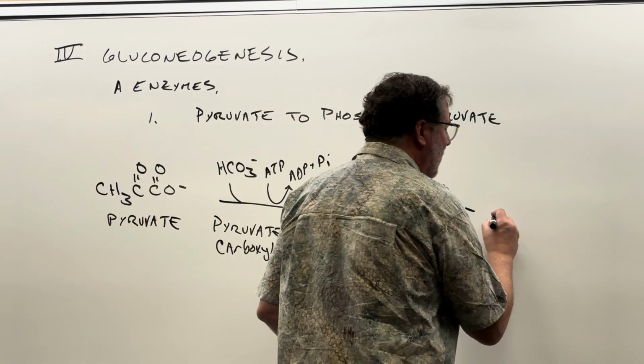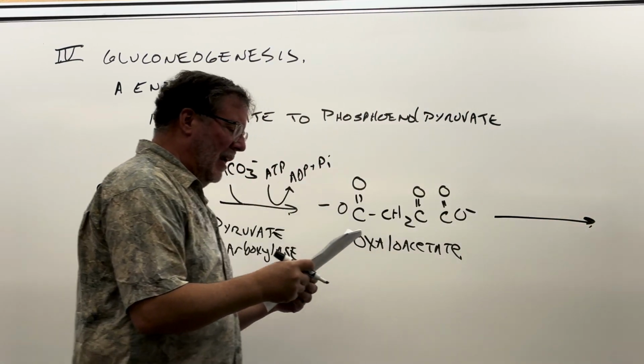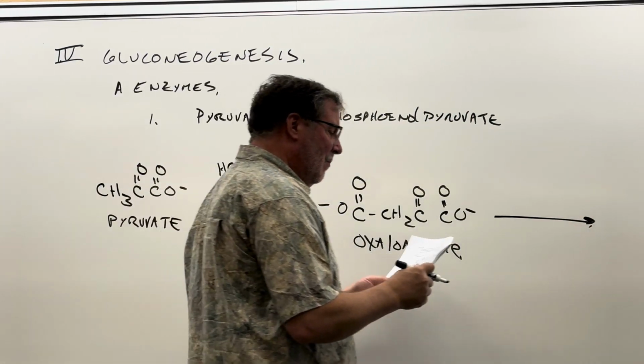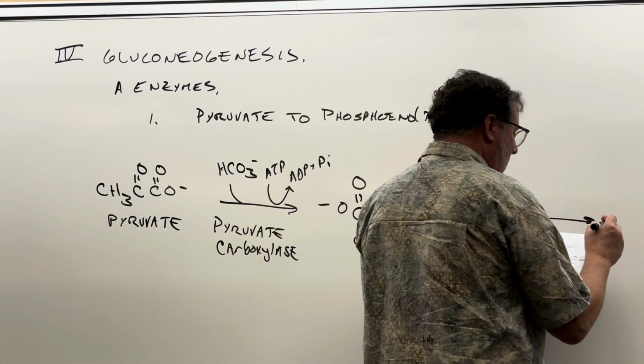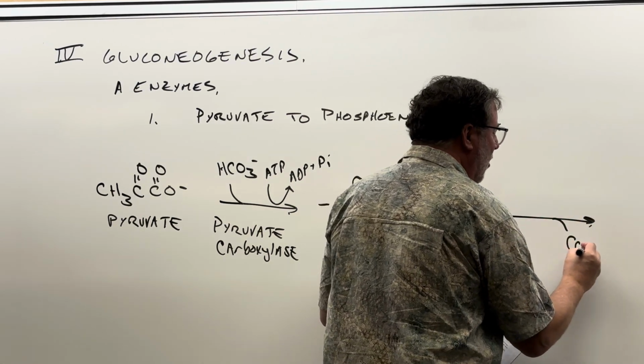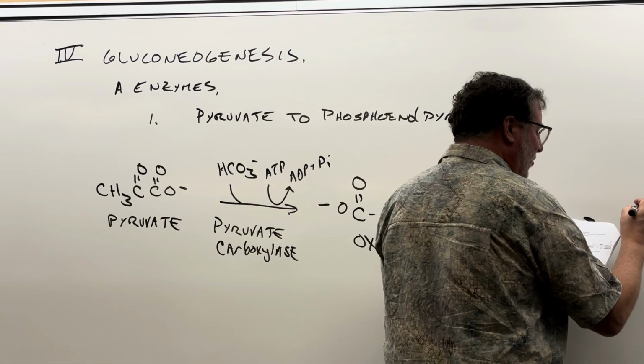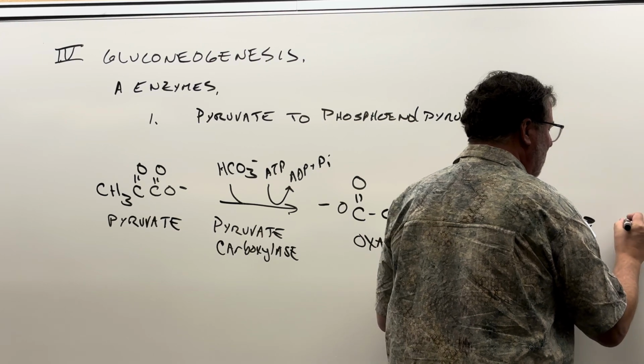Then the second reaction decarboxylates again and generates our phosphoenolpyruvate.